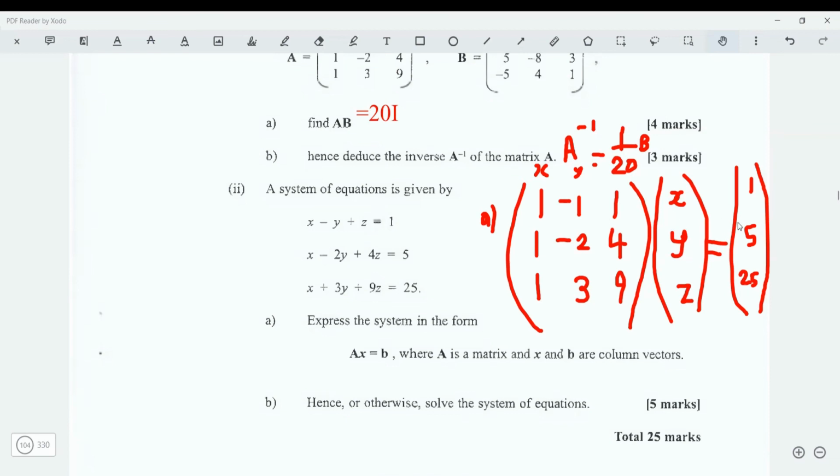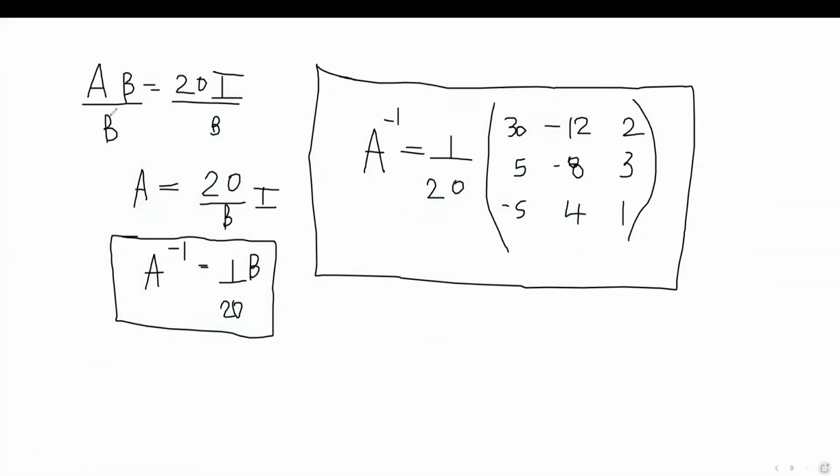All right, so we have Ax equals b. When we express it in the form Ax equals b, to find x, remember that x is going to be equal to A inverse times b. So we're going to multiply by A inverse, and this is what we found for A inverse.